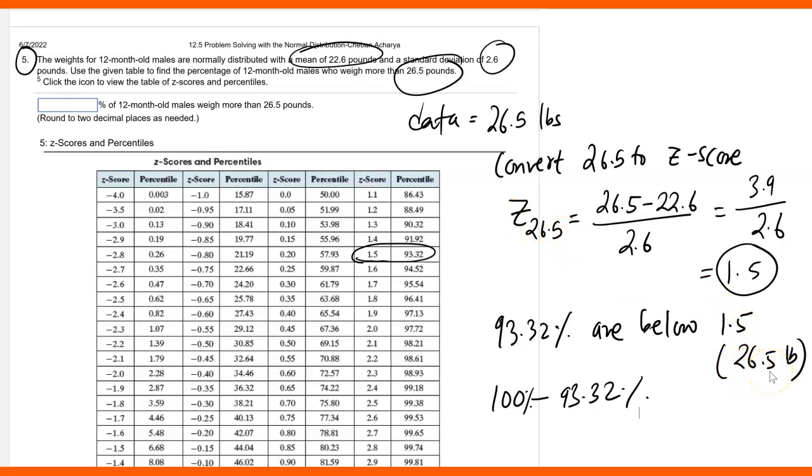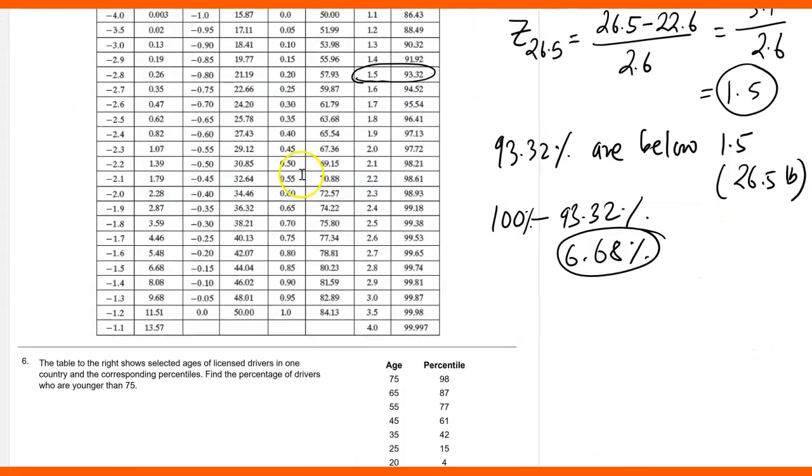How much do you get? 100 minus 93.32 gives you 6.68%. Therefore, 6.68% of 12-month-old males weigh more than 26.5 pounds. All right.